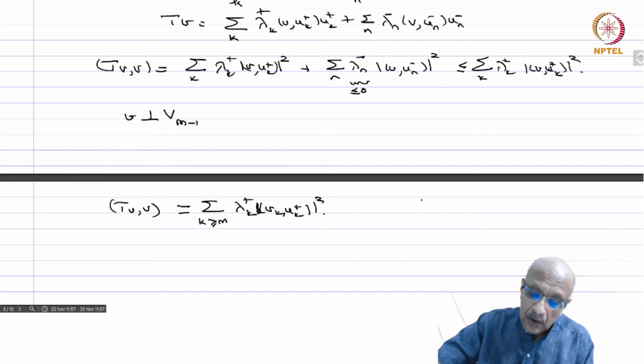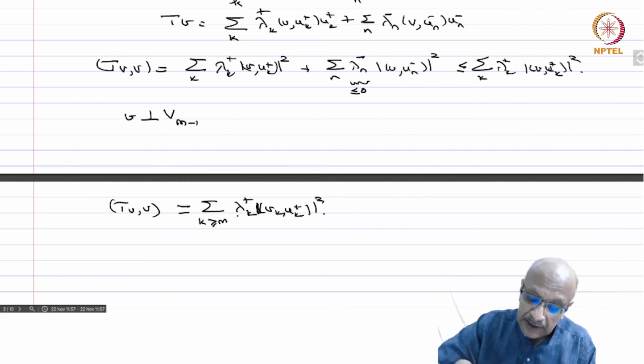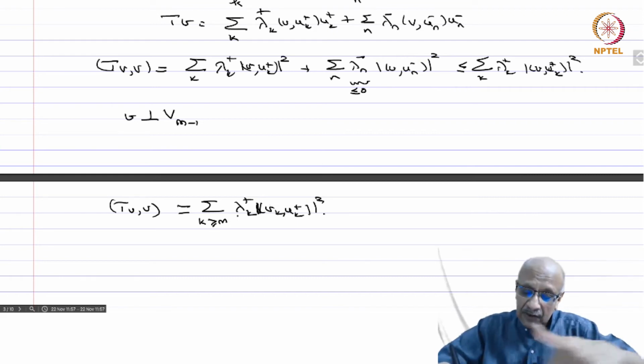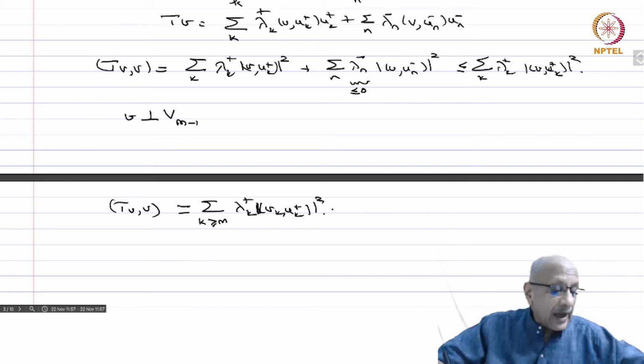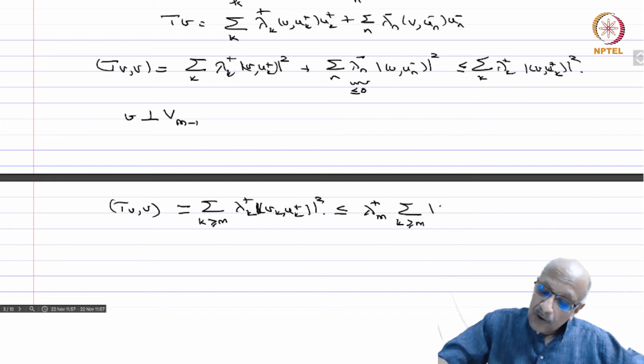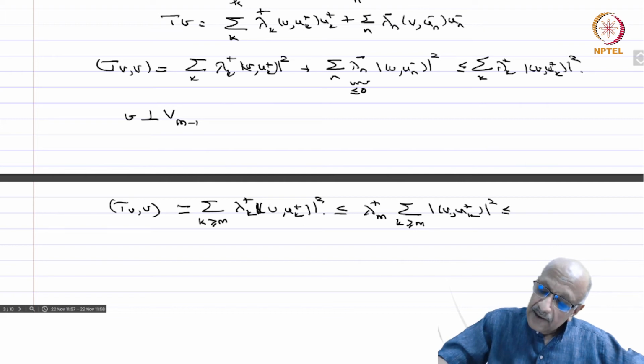Now we have numbered the positive eigenvalues in decreasing order. So the biggest of them will be lambda_m^+, and for the other k it will be less. So this is less than or equal to lambda_m^+ times sigma over k greater than or equal to m of |<v, u_k^+>|^2, and that is less than or equal to lambda_m^+ norm v squared.